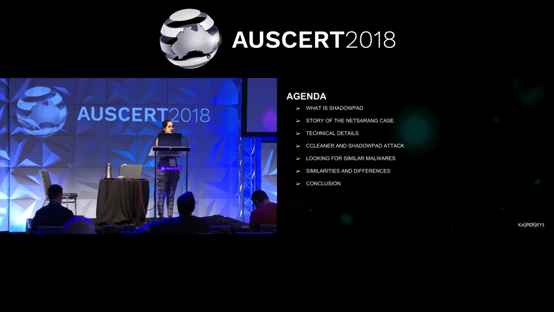Then we will see the technical details of the attack framework, which is a sophisticated attack platform. And then we will see some other supply chain attacks and other attacks related to Shadowpad, and also other similar malwares that I worked on. And we will see different similarities and differences between different cases of the Shadowpad attacks, and then, of course, the conclusion.